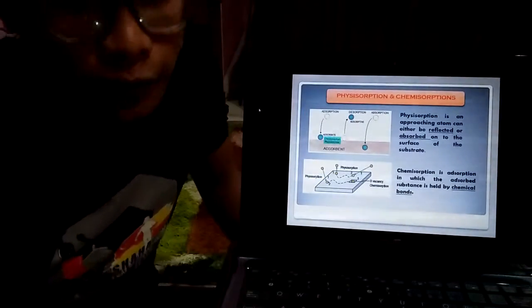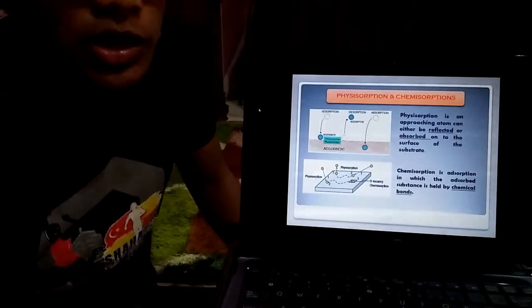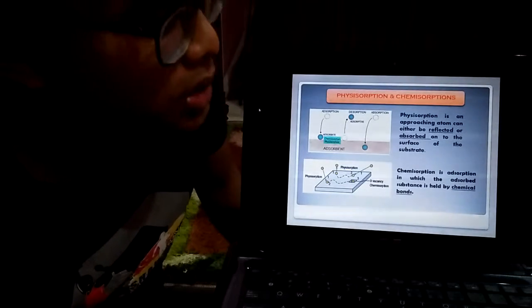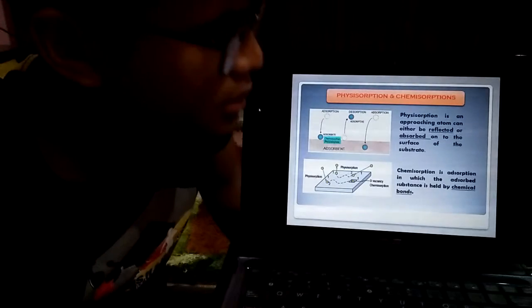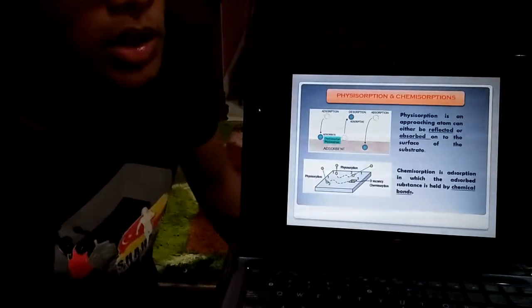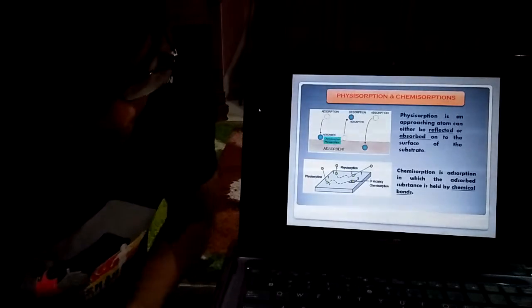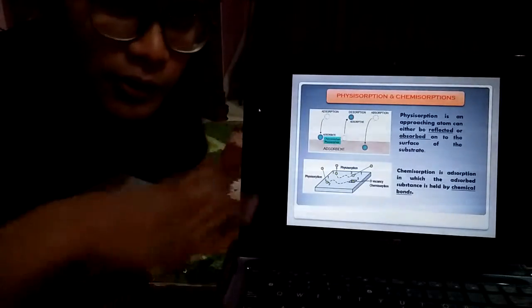Before we go on further, we must know the difference between physisorption and chemisorption. Physisorption is when a particle arrives at a surface.